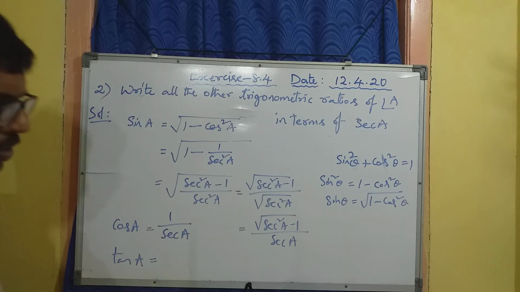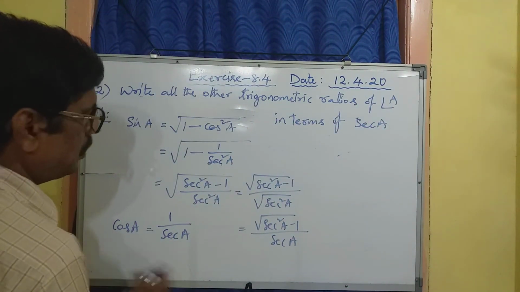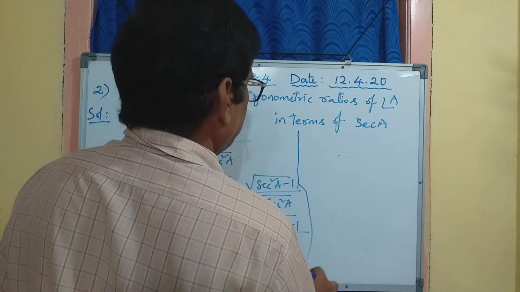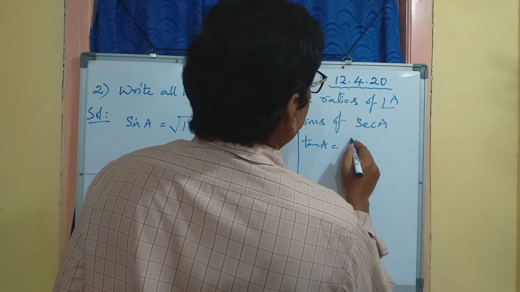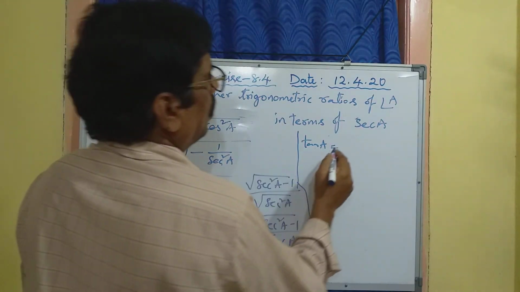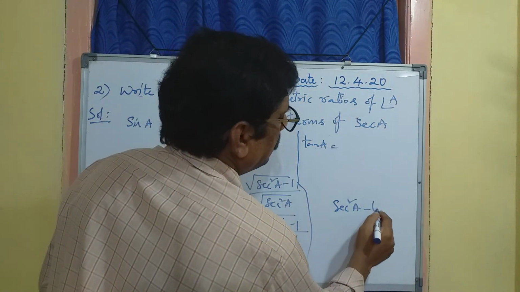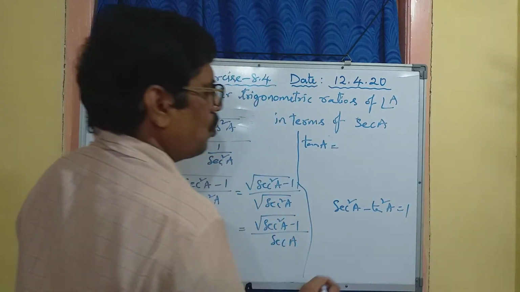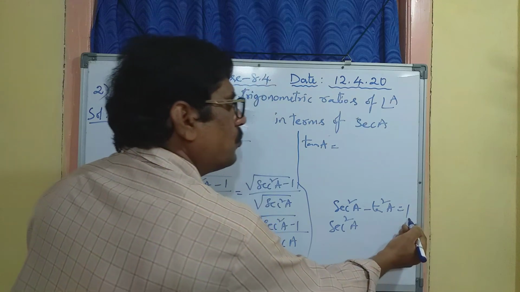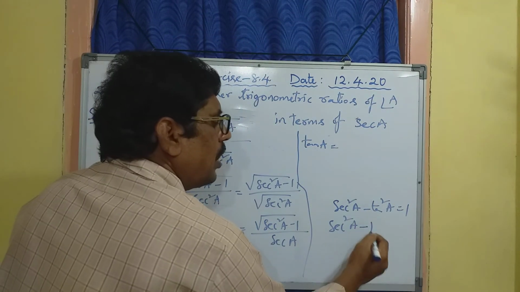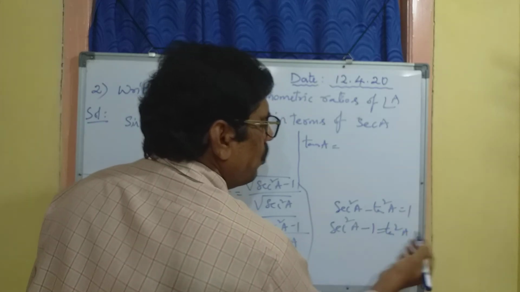Now, how can you convert tan in terms of secant? Tan A can be written as, what is the second identity? Secant square A minus tan square A is equal to 1. From this we can write secant square A, this 1 you can take to the LHS, and minus tan square A can be taken to the RHS.